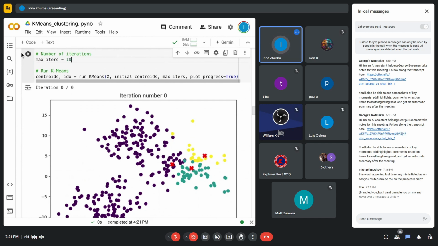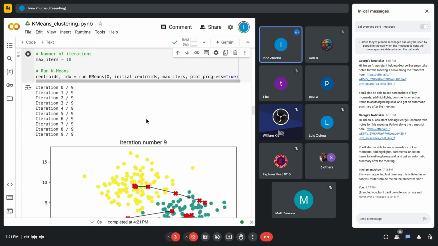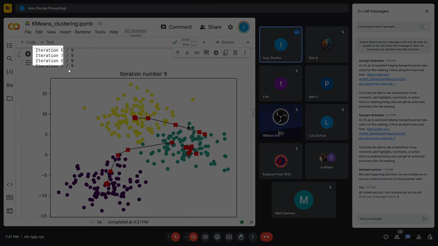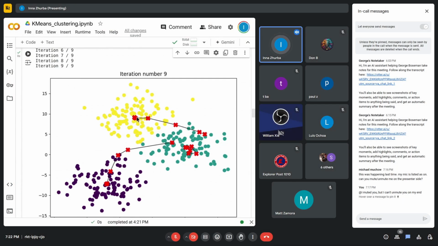So running several iterations, it finally converges, and you can see how it moves from the initialized centroid points to the correct clusters. On each step, it gets updated, and finally, when there are no more changes, it means that our clustering happened. So it converged.